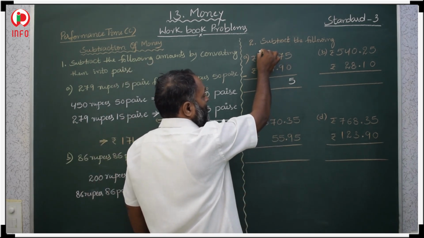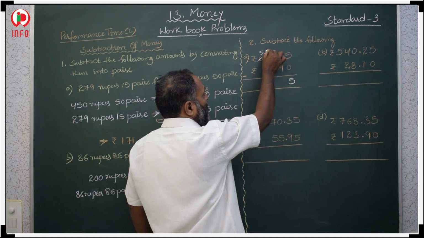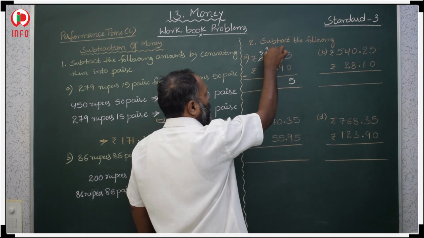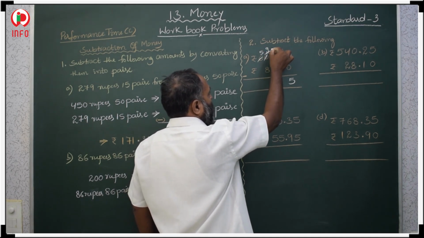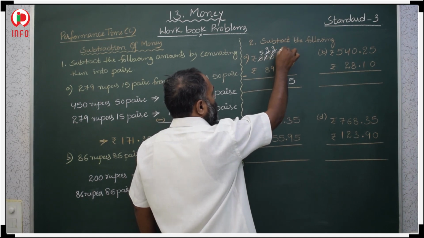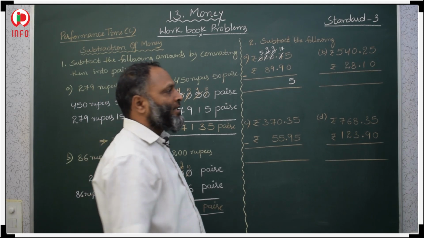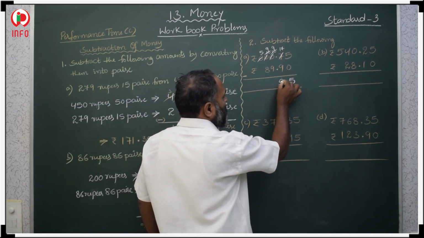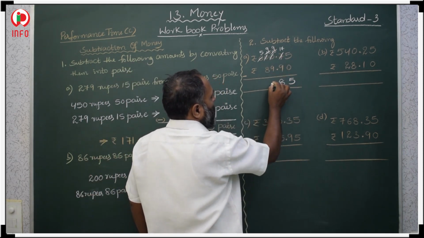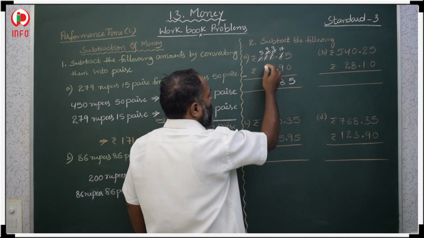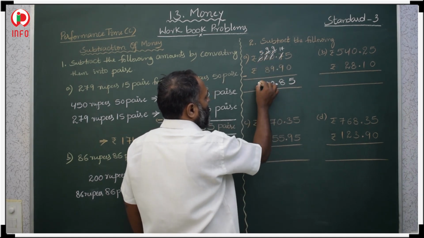Here all are zeros. You will get 5 and here 10. Again borrow means 9, here 10. Again here 9, here 17. 17 minus 9 is 8. Then point. 9 minus 9, 0. 9 minus 8, 1. Here 5 is left.